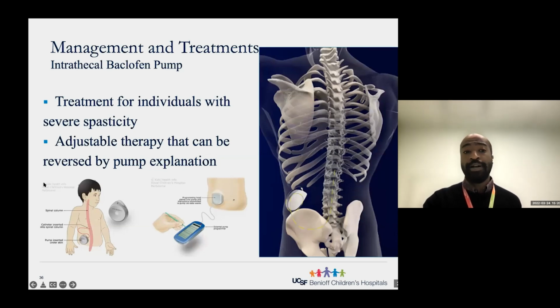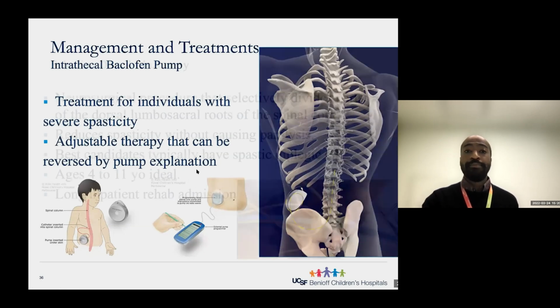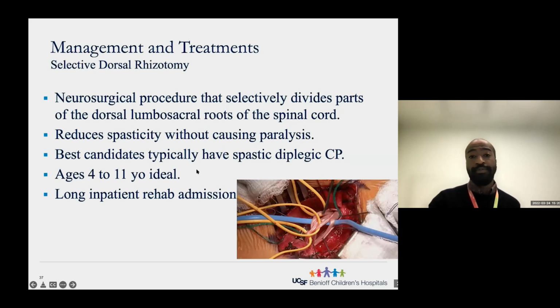Neurosurgeons place the pump and do the neurosurgical procedure. A physiatrist or a neurosurgeon manages the pump medication delivery. There can be complications with the pump, complications with the tubing or catheter getting kinked. There can be concerns for withdrawal and overdose with this medication since it's being delivered directly to the CNS itself.